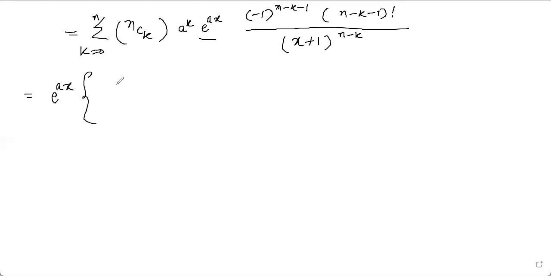So this would be (−1)^(n−1) (n−1)! / (x+1)^n, because n minus k, which is 0, right? Now, since this is a summation, you have to put a plus sign.